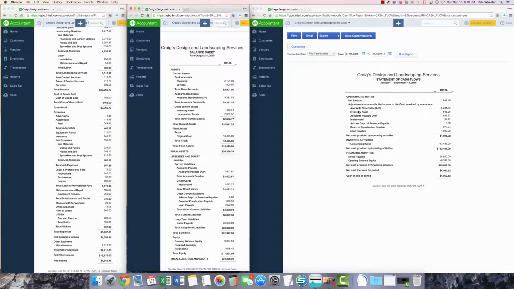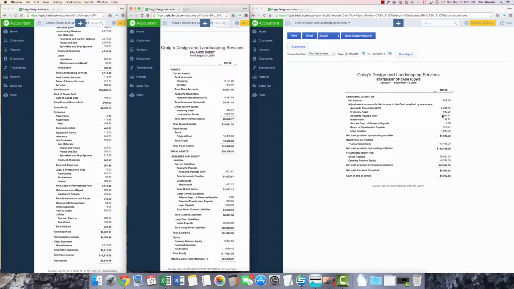Same thing with inventory asset. Accounts payable, you'll notice, is a positive number. And it's the same reason why, but in reverse. So we have booked $1,602.67, and you can see it here in the liability section on the balance sheet. And so we owe that much to vendors, but we haven't yet paid them.